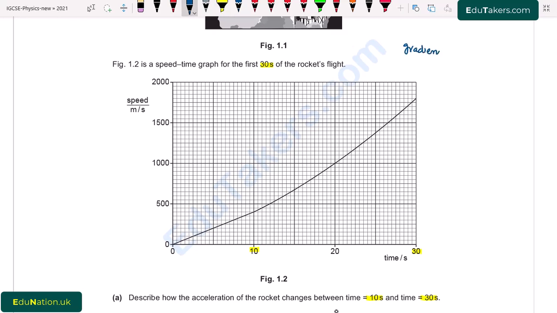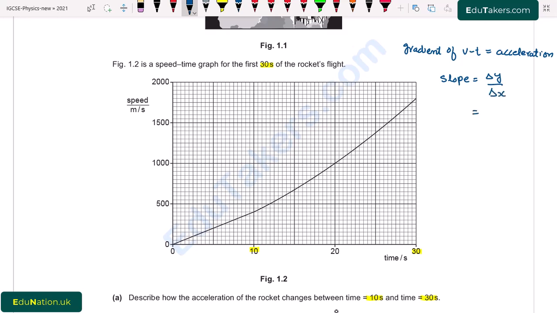gradient of speed time graph is equal to acceleration. And gradient is actually the slope of this graph. When we find out the slope of this graph, slope will be equal to delta y, the quantity taken on the y-axis, over delta x that is taken on the x-axis.